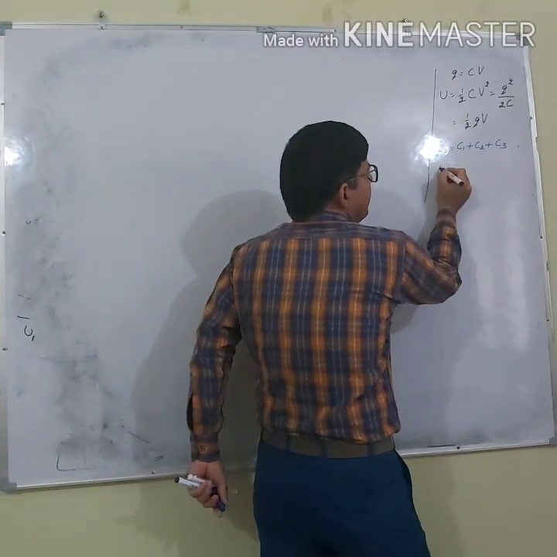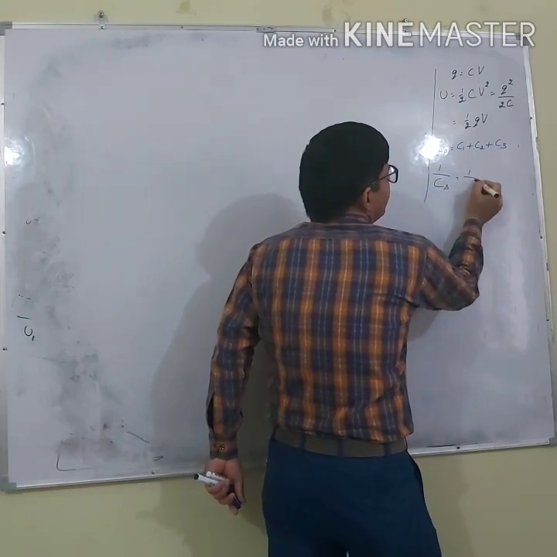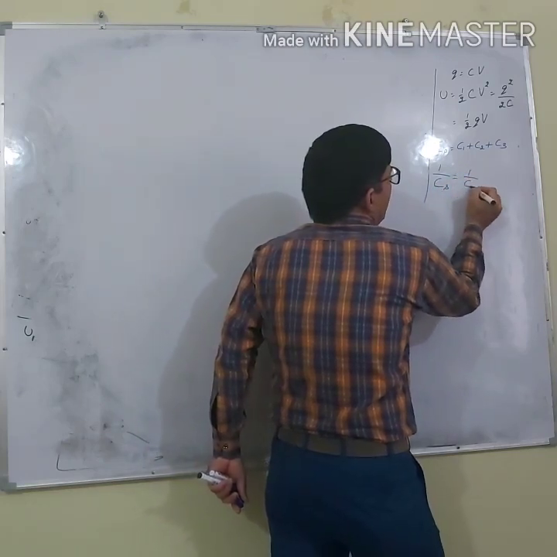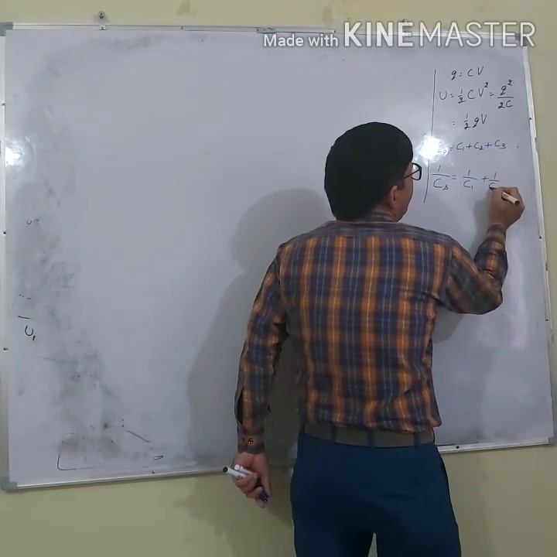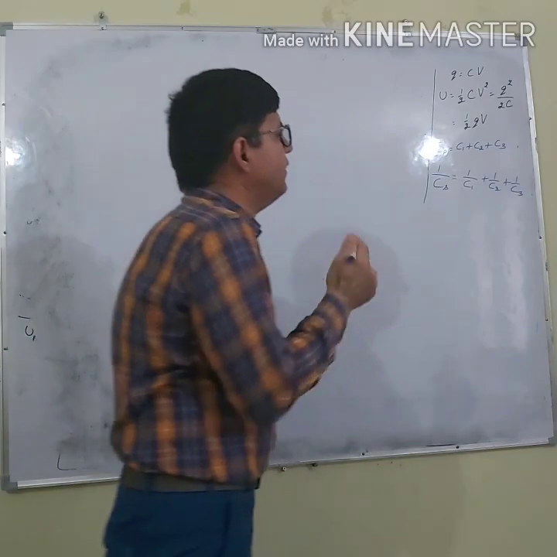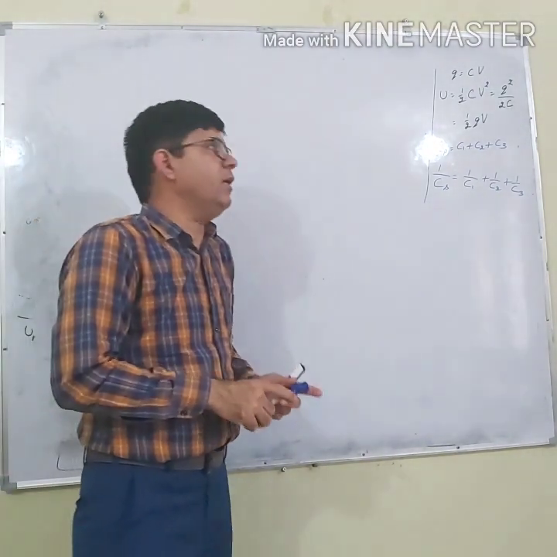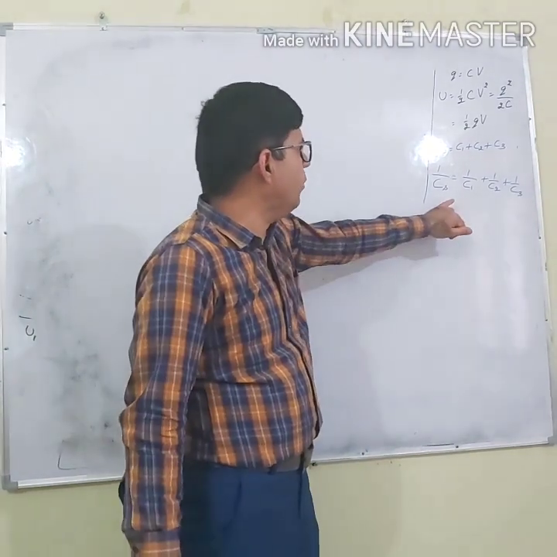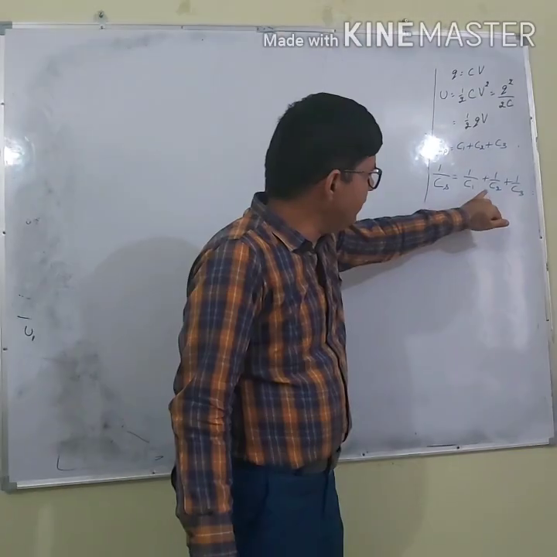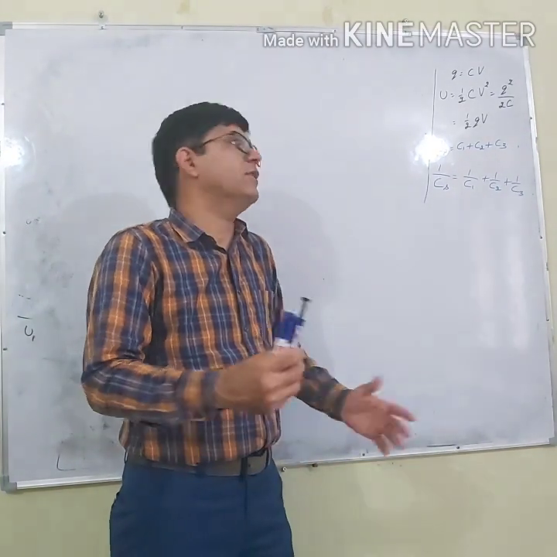And if capacitors are connected in series, the net capacity is given by 1 by Cs equals 1 by C1 plus 1 by C2 plus 1 by C3, where Cs is the equivalent capacity of the series combination, and C1, C2, C3 are the capacities of the individual capacitors.